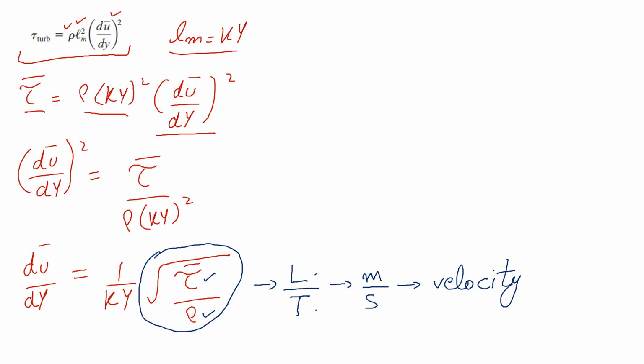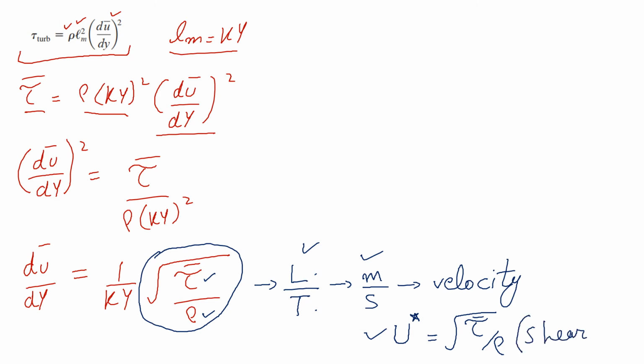We will represent this with u star, and that u star is equal to the square root of τ₀ over density, because we already know its units are meter per second. That u star is called the shear velocity.